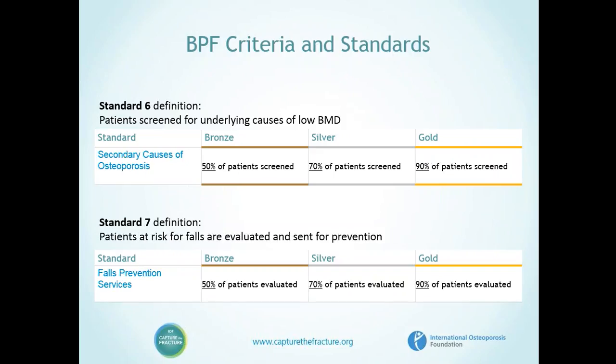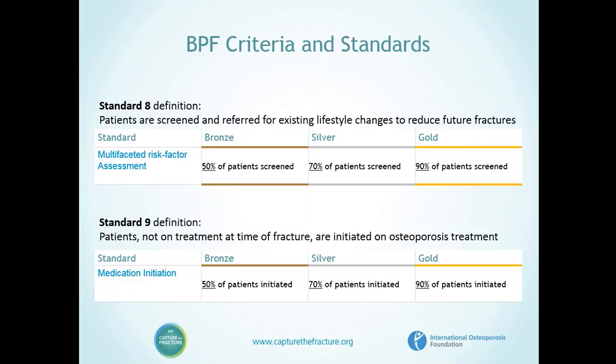Standard 6 is patients screened for underlying causes of low BMD. And this is, of course, secondary causes of fractures and what proportion are assessed. The next one is the fracture risk assessment, if it's evaluated and the patients are sent for prevention when appropriate. The 8th standard is that patients are screened and referred for existing lifestyle changes to reduce fractures.